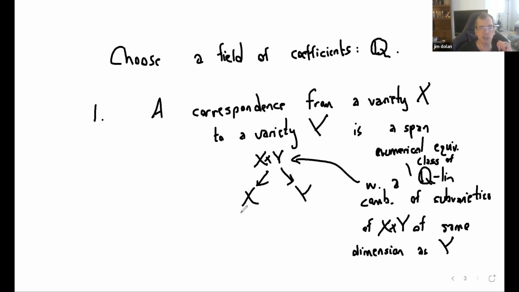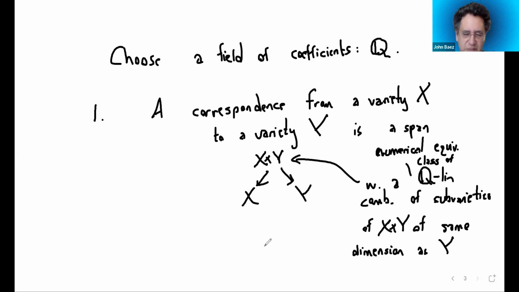For mixed motives, people were stuck at an earlier phase of even figuring out what the right category was, and he went ahead and got a derived category approach. So he was sort of undecategorifying. I'll have to think about that.